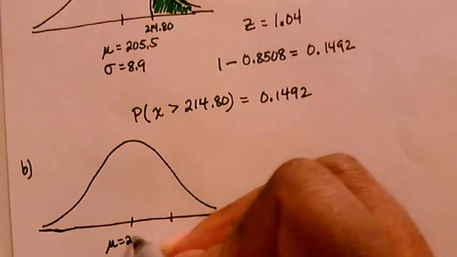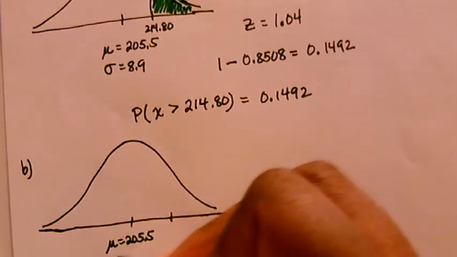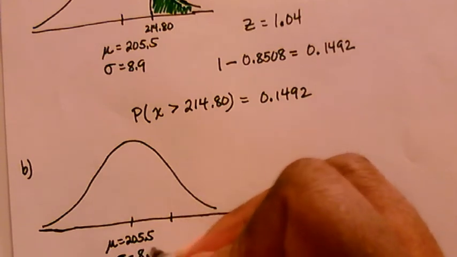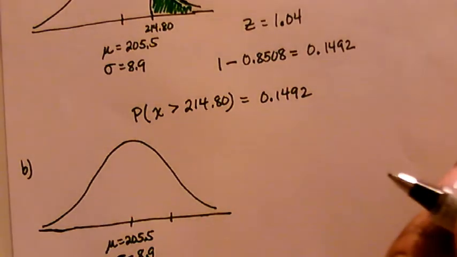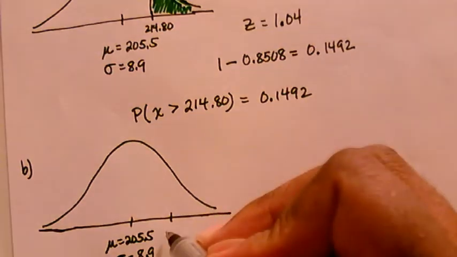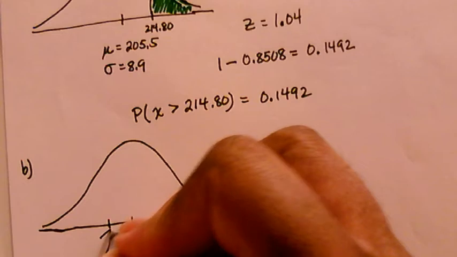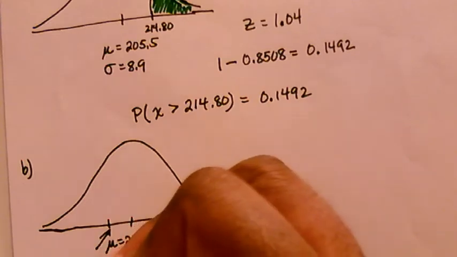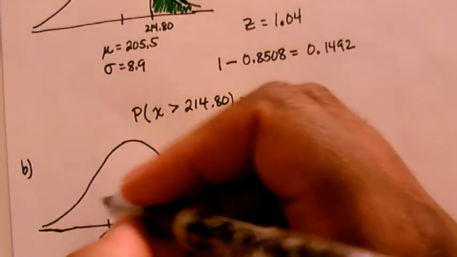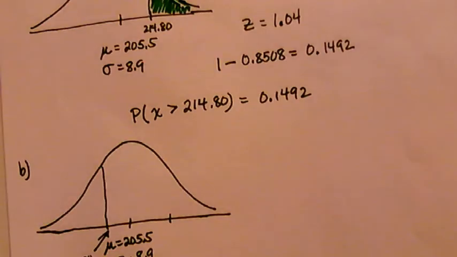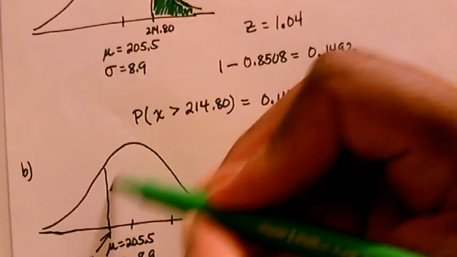Our mean is 205.5. Standard deviation is 8.9. And we're saying that 203.30 will be on the left-hand side. And we're dealing with greater than, so it's got to be the shaded area to the right.